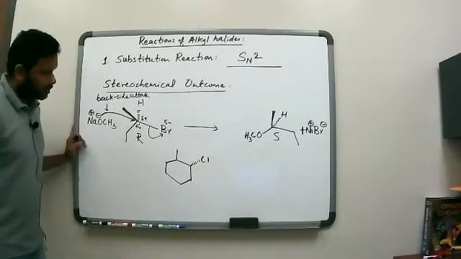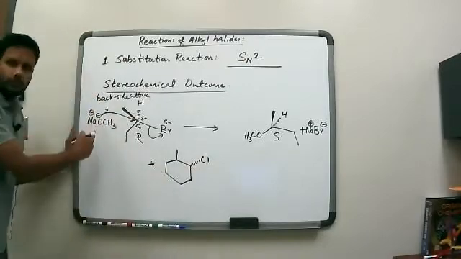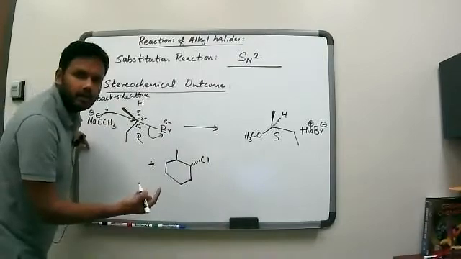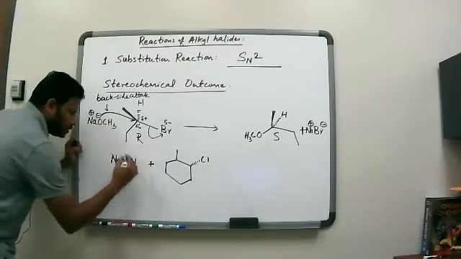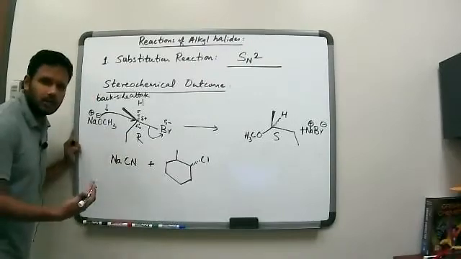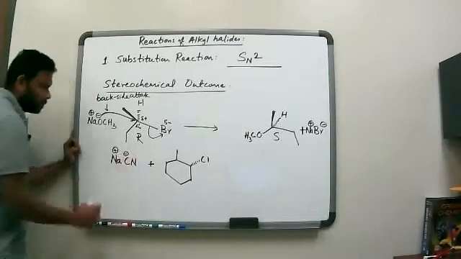This is our cyclohexane molecule, and we can use sodium methoxide, or we can use any other nucleophile for that matter. So let's say we're using NaCN. Again, when you see something like this, the sodium is positive, this carbon here is negative.